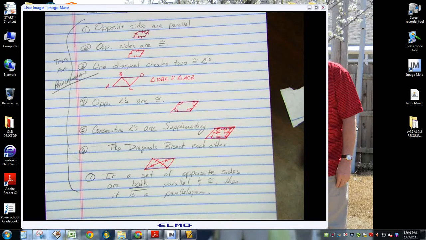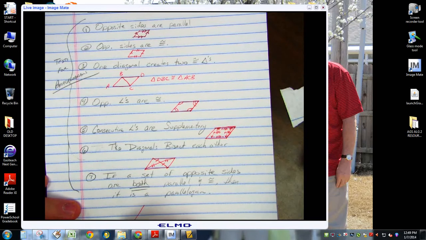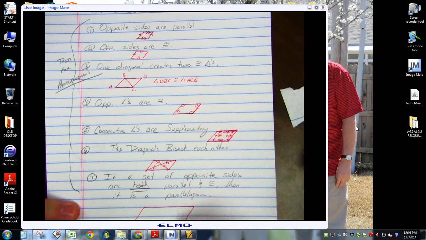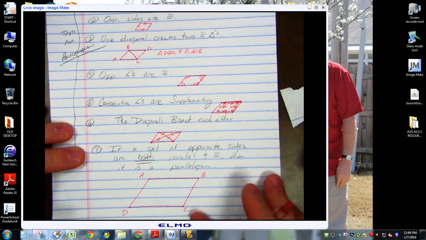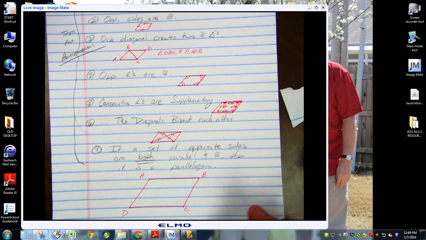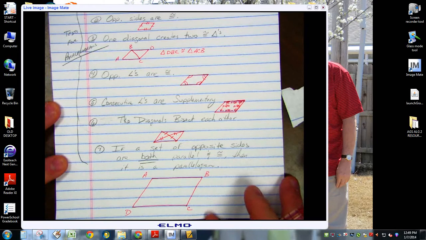Now I'm going to draw a little bit bigger picture here. Give me a pair of opposite sides in this picture. No, that's opposite angles. Opposite sides.